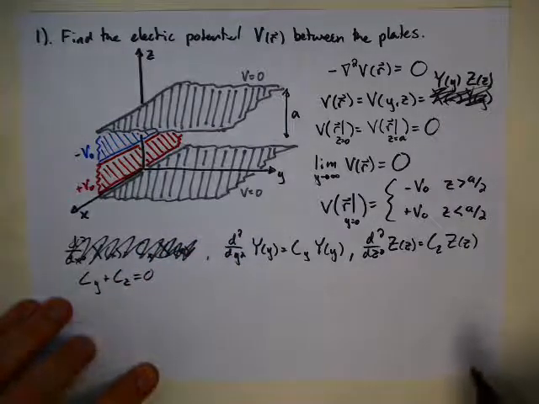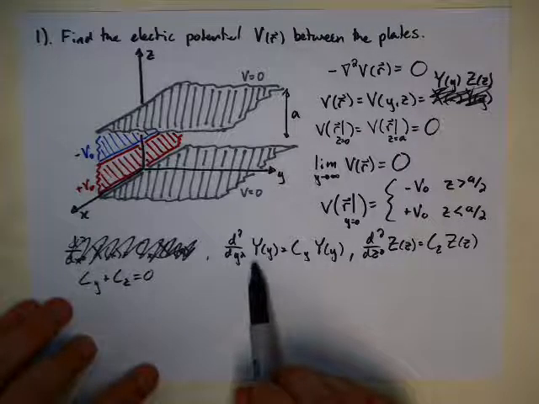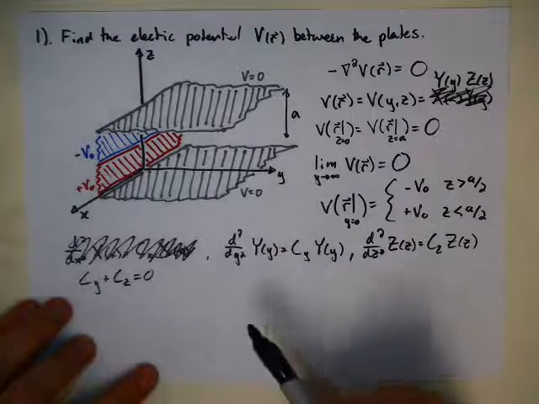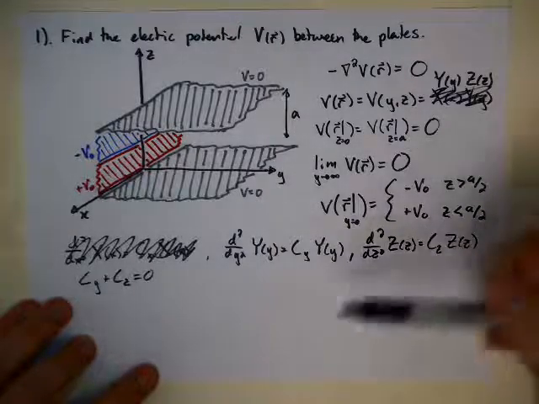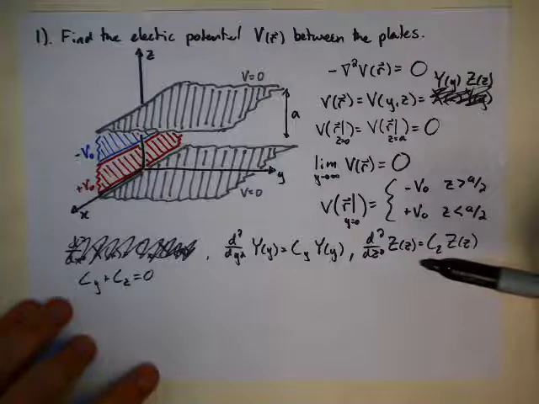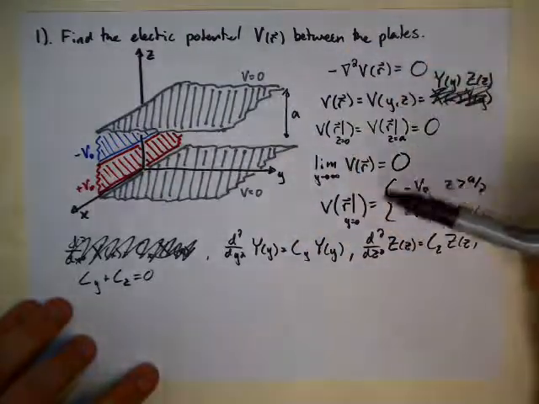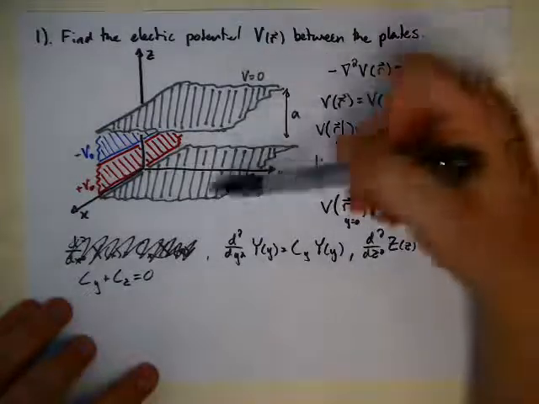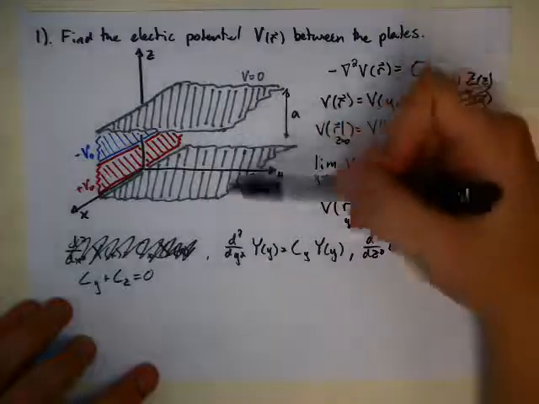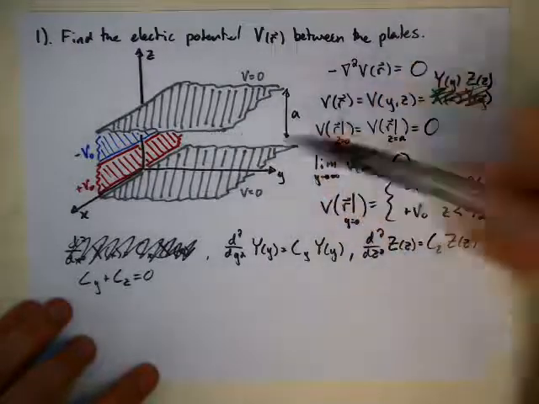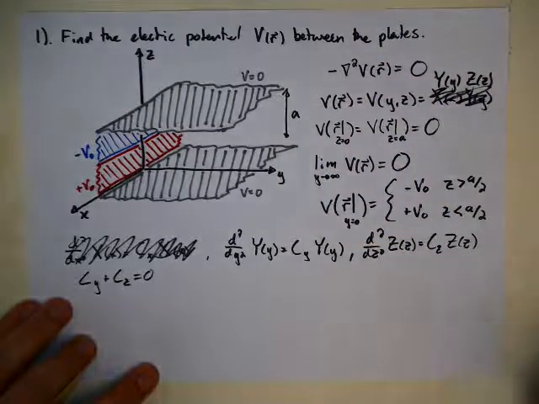Now, we know that the solutions to these equations, where the second derivative of a function is equal to a constant times the function, are either exponentials if this constant is positive, or sines and cosines if the constant is negative. In the z direction, I have 0 on top and bottom. The only solution with exponentials that is 0 on top and bottom is 0 everywhere, which is uninteresting. So for the z direction, where I go from z equals 0 to z equals a, if I want interesting stuff between 0 and a, I need sines and cosines.